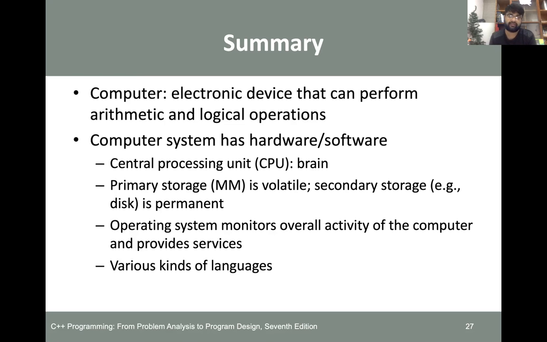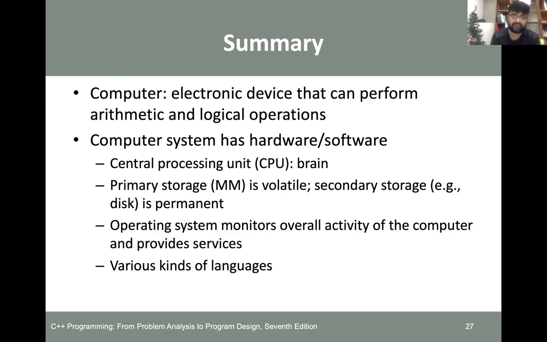By volatile, we mean that once you switch off your PC, the main memory is gone. The primary storage, of course, is your RAM. The secondary storage is basically where your overall data is present, and this secondary storage is generally permanent. For example, your hard disk, etc., the data is permanently stored there. But in your primary storage, you can never store the data without electricity. It's volatile. It does not work without electricity.